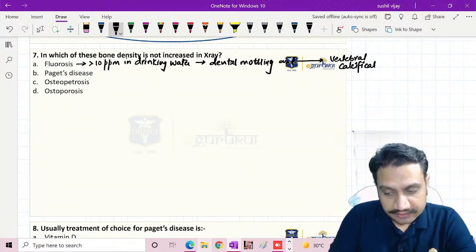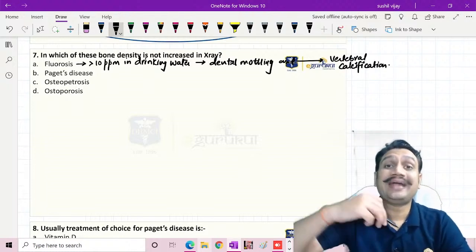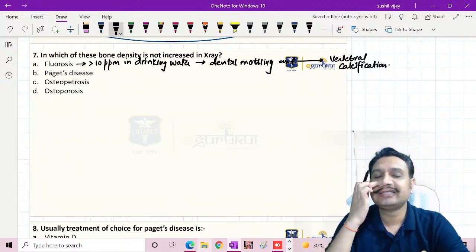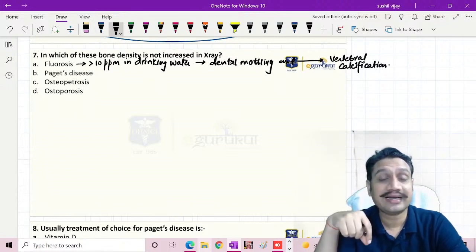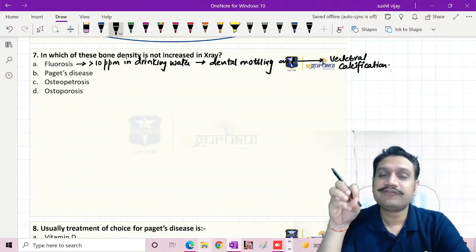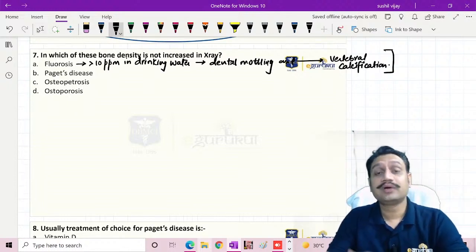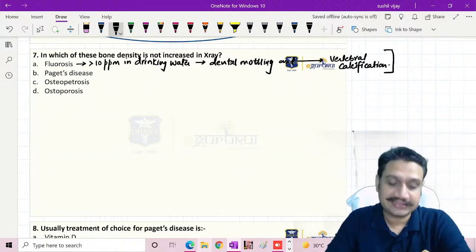So the vertebrae will show you whiteness similar to ankylosing spondylitis, as you see the bamboo spine appearance in ankylosing spondylitis. Similarly, the calcification around the vertebrae can cause calcification of the vertebral area similar to bamboo spine, right? So fluorosis can show you white X-rays.